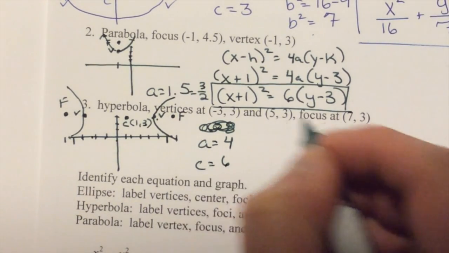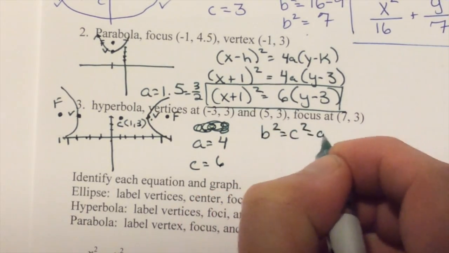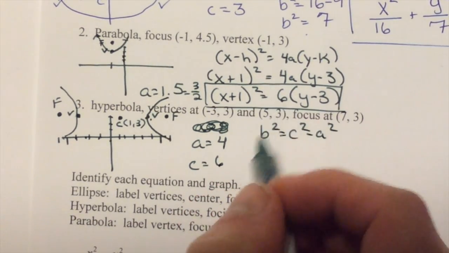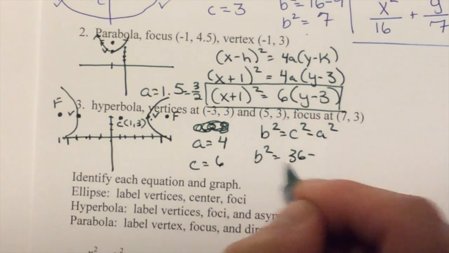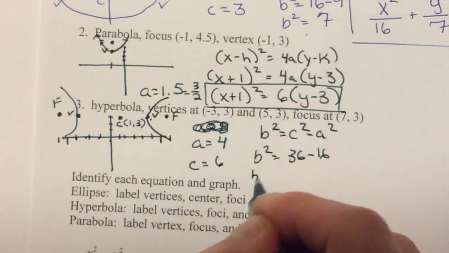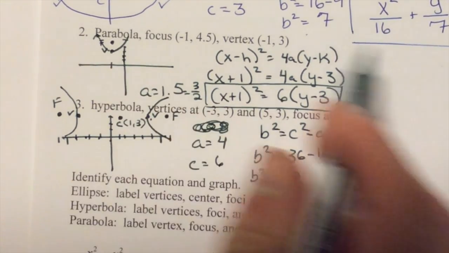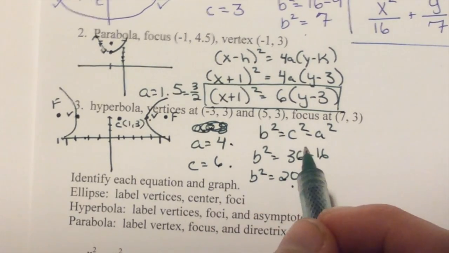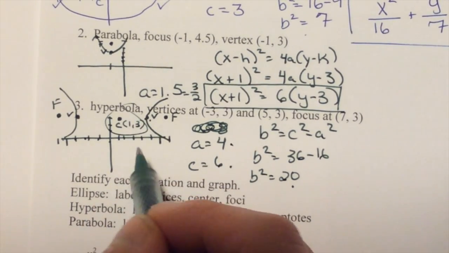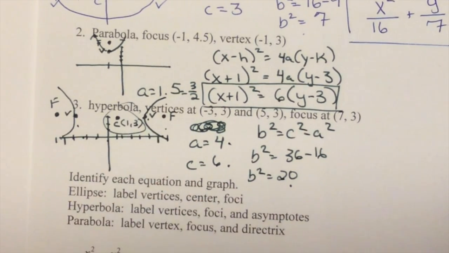To find B squared, you have B squared equals C squared minus A squared. So B squared equals 36 minus 16. B squared equals 20. And all it's asking for is the equation. So I have my B, A, and C, and I found my center is at (1, 3) because it's halfway between the 2 vertices.